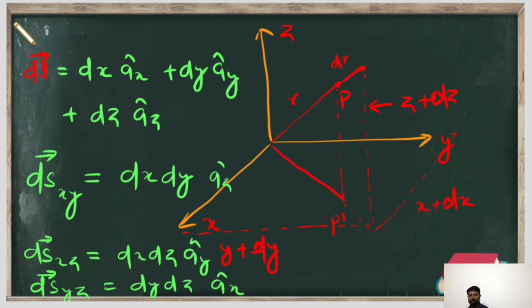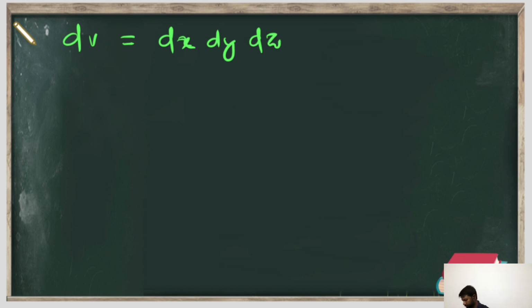So in this way we write the differential length and differential area. Simply, the differential volume is a scalar quantity, and is written as dx dy dz.